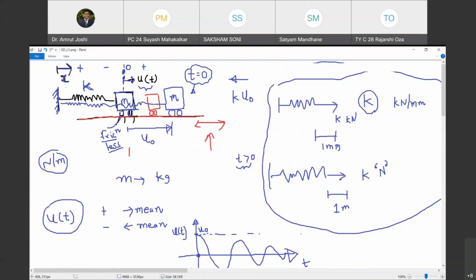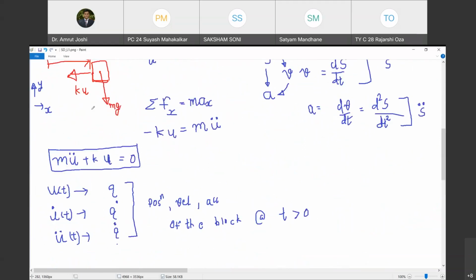Now, with this idea in mind, what remains is how to solve this equation. Are you with me? Yes, sir. How do I solve this equation is the question. Now I am going to ask you a question. If it is a second order differential equation, how many boundary conditions do you need to solve this equation? 2.